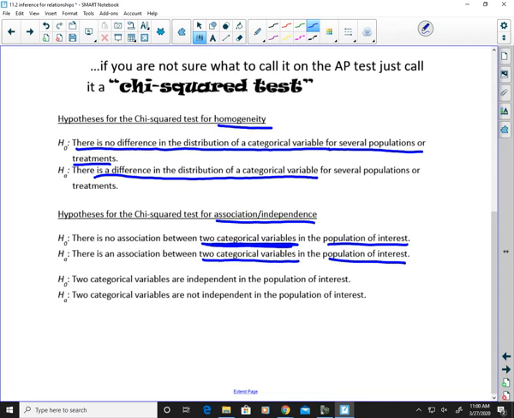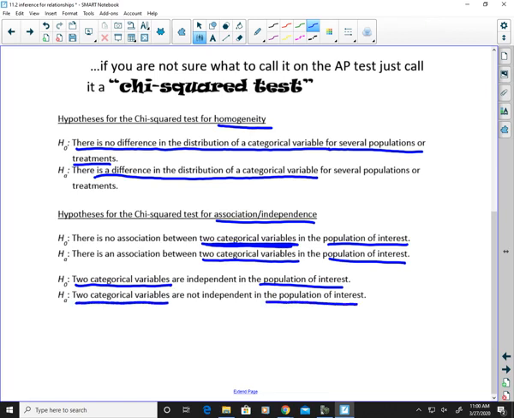Association independence, you can also word it using the word independent: heart attack rates and gender, replacing the two categorical variables with the context, are independent for people. The alternative: heart attack rates and gender are not independent for people.